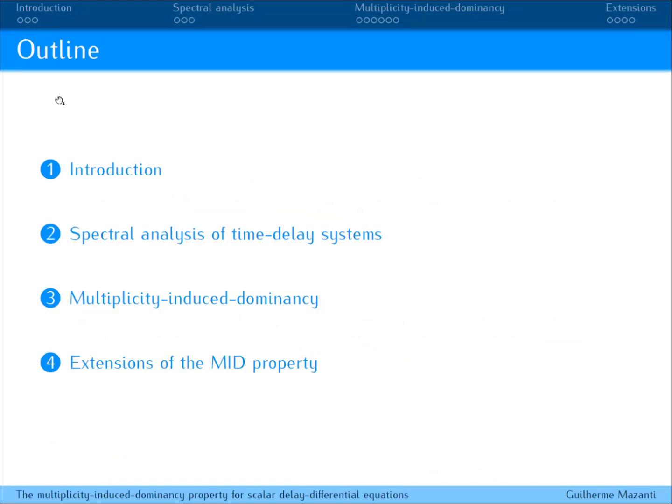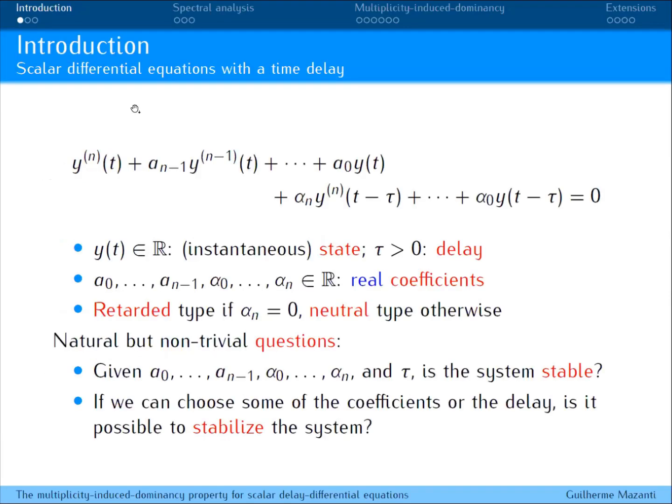The system I'm interested in in this talk is this very simple equation here. The unknown is a scalar, y of t, my instantaneous state, and I have an equation with a single constant delay tau, which is of course positive. It's an equation of order n.